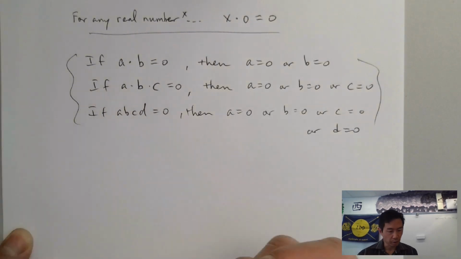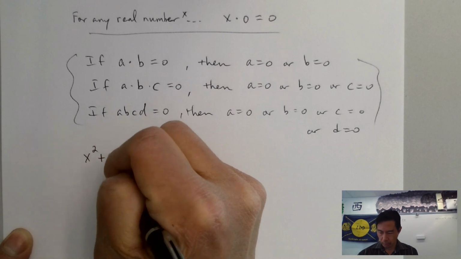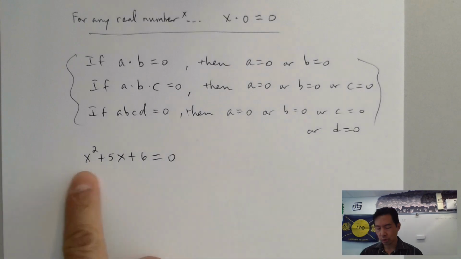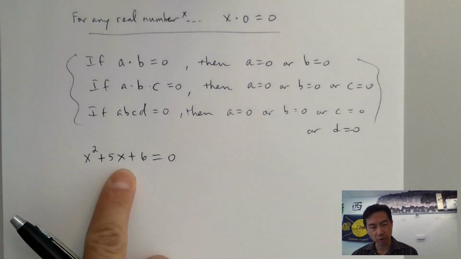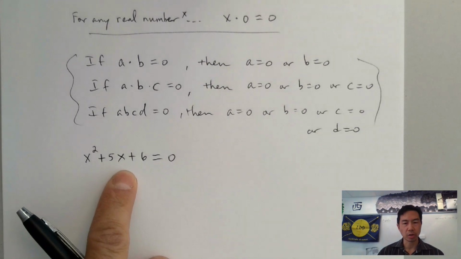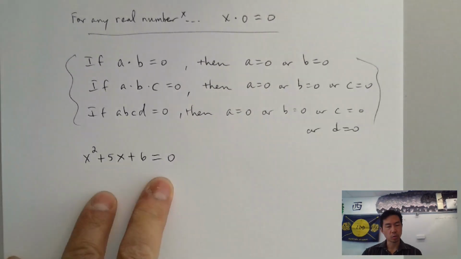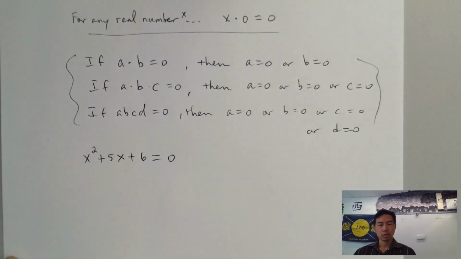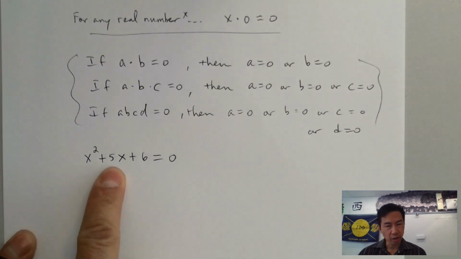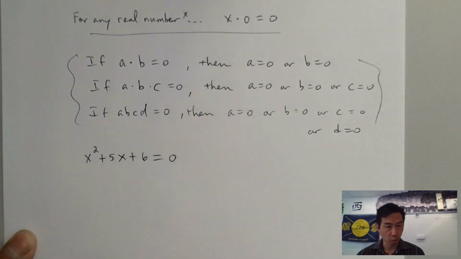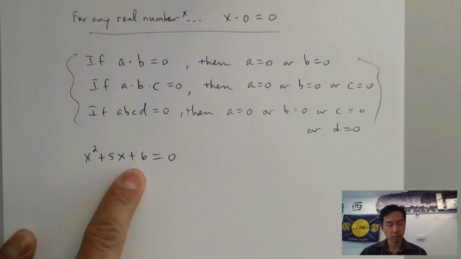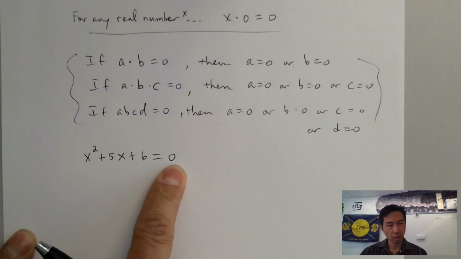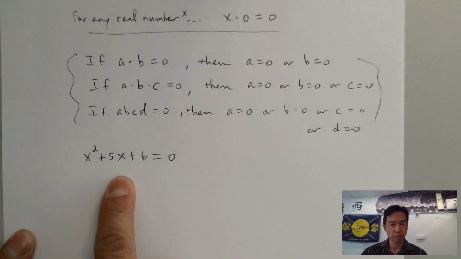So here's a polynomial in an equation. x squared plus 5x plus 6. We probably actually factored this before in our homework the last 2 days. I am now putting it on the left side of this equation, and on the other side of the equation, I have 0. So when you see a quadratic trinomial, quadratic means degree 2, in an equation, and the other side is 0, always factor the polynomial if possible.